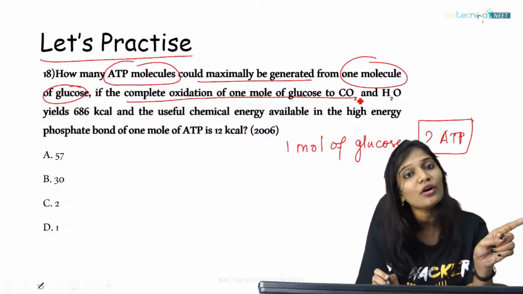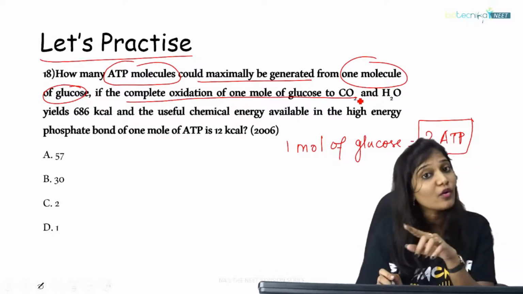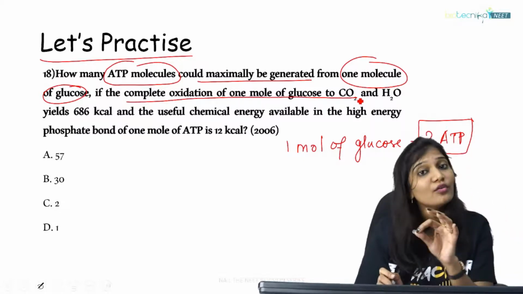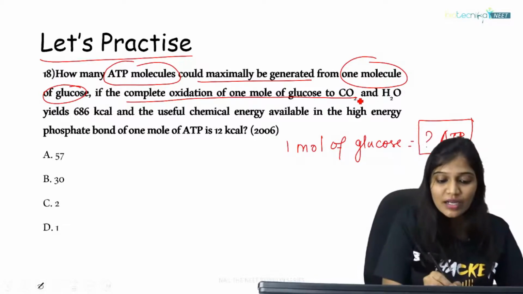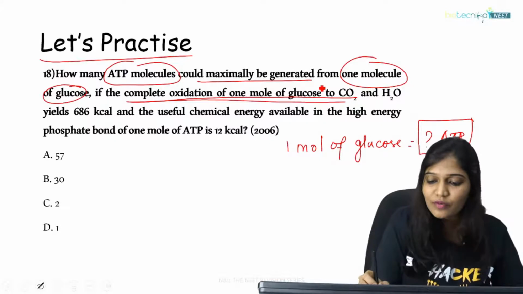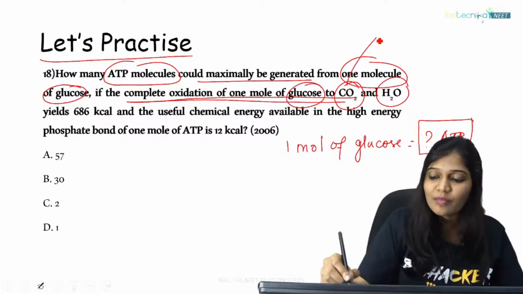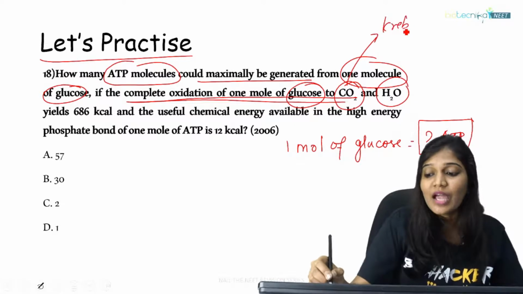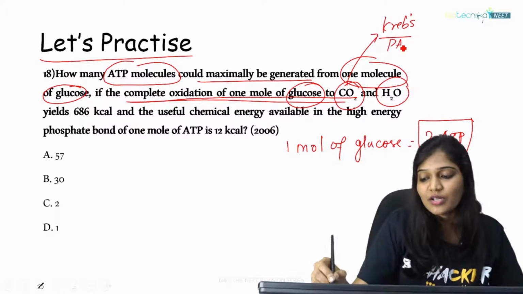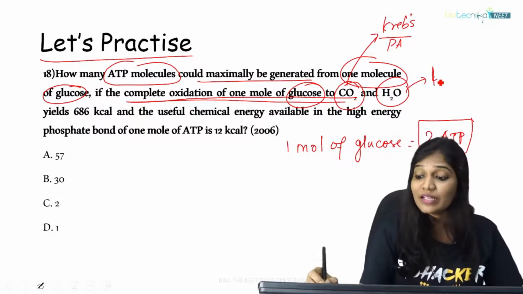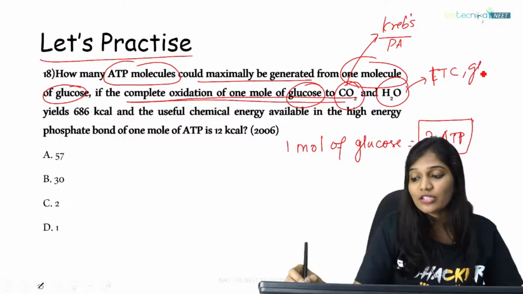And I told you glycolysis is partial oxidation, aerobic is complete oxidation, anaerobic is also partial oxidation. Complete oxidation of one molecule of glucose is going to produce carbon dioxide and water. We know carbon dioxide is produced in the Krebs cycle and pyruvic acid decarboxylation, and water is actually formed in ETC as well as in glycolysis.